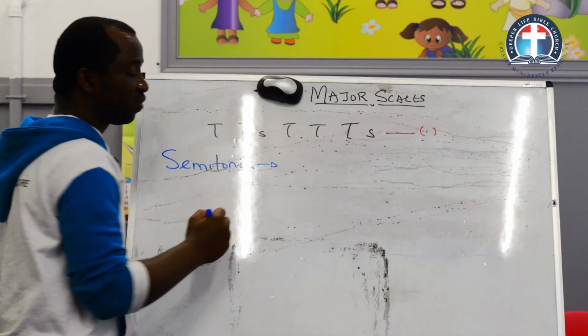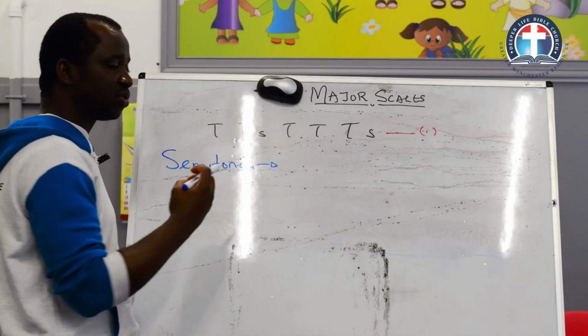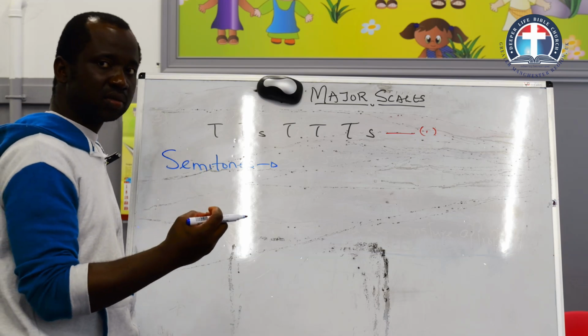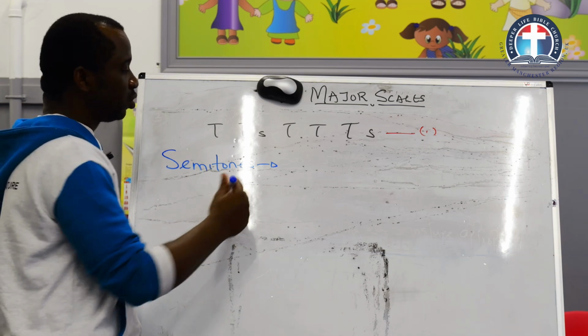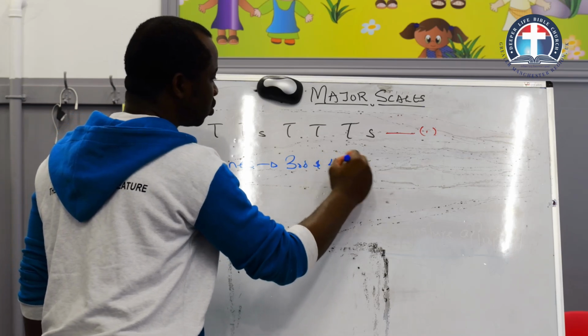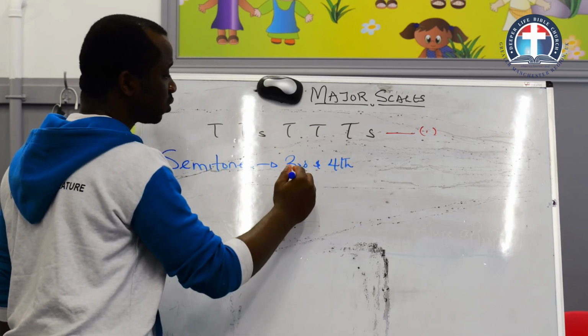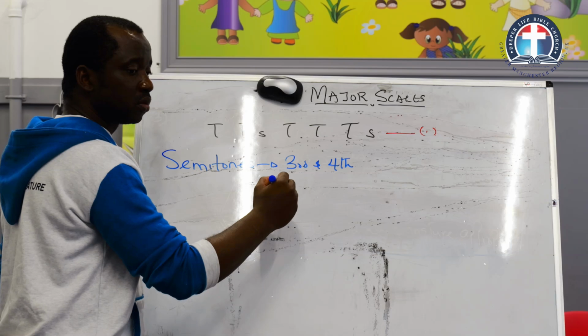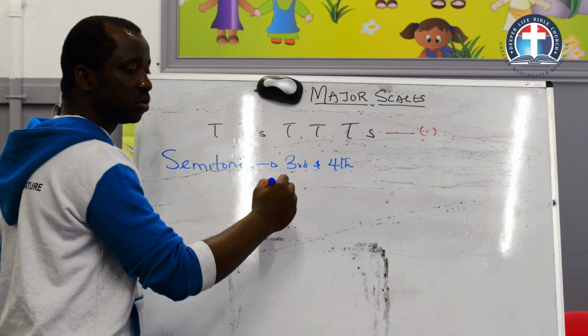I'm not talking of C. Yeah, you're correct, but think about it in terms of the degrees. Oh, okay. Between the third and fourth note, and then between the what?